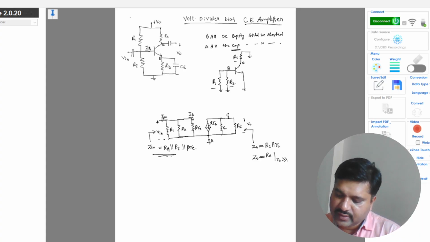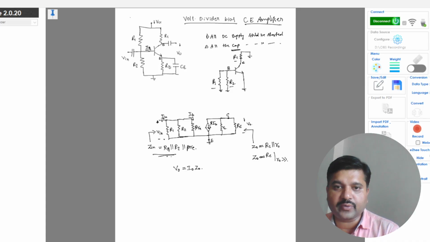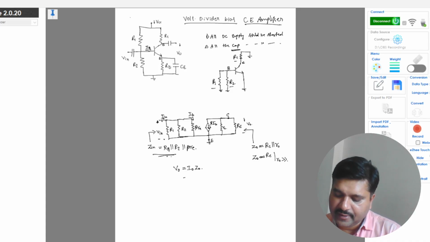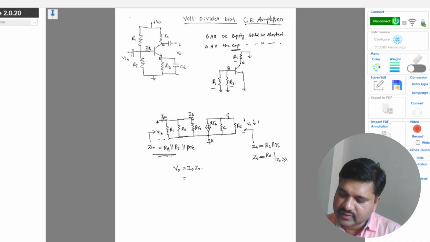Now, to find the gain, we will find the output voltage V0. V0 here is I0 into Z0, the output impedance of the amplifier. Here I0 is the current flowing with respect to V0, and this is the IC current which is flowing into the transistor.